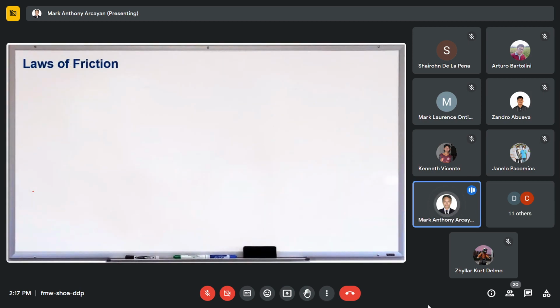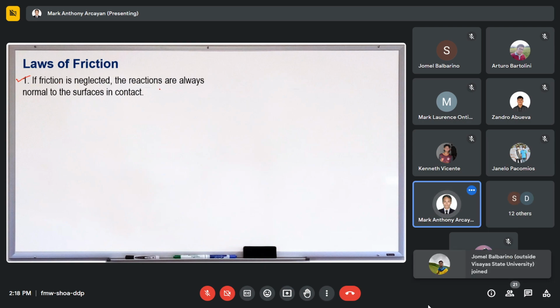Now, let us summarize everything so that we can come up with the different laws of friction. This is what you will follow when you analyze particle and rigid body systems. The first one: if friction is neglected, the reactions are always normal to the surfaces in contact.